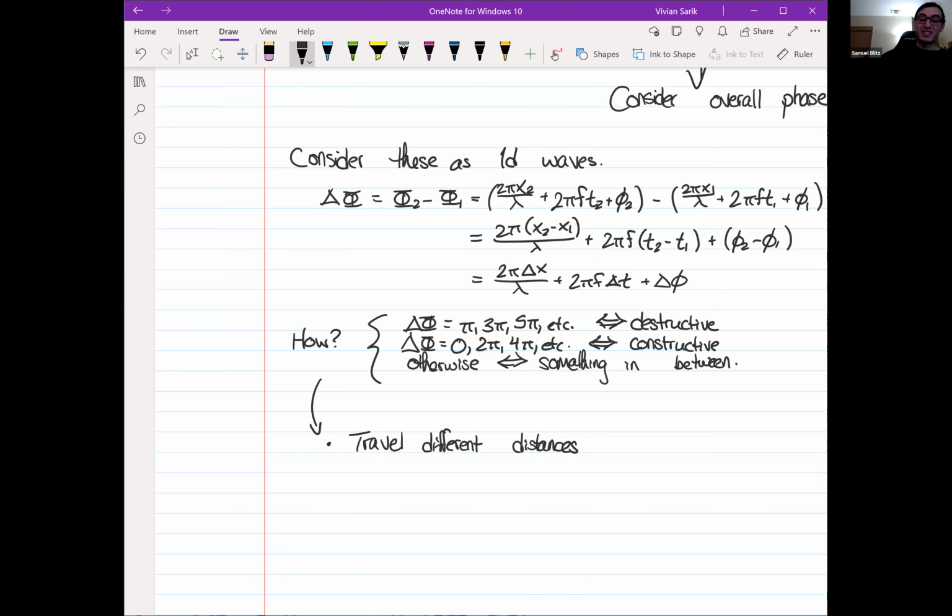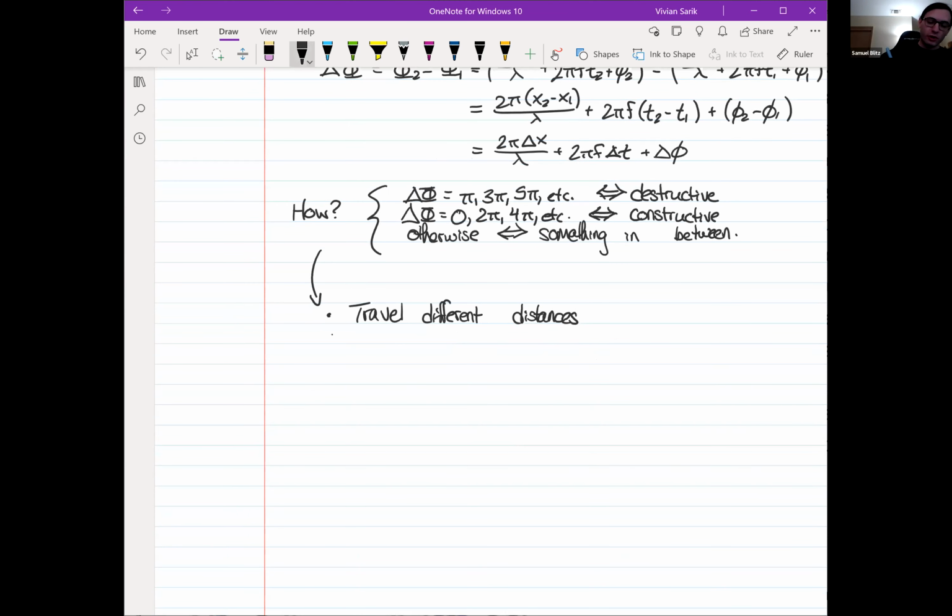If they traveled different distances, but they were on for the same amount of time and they started off with the same phase, then these guys would be 0, and delta x would be the only thing that's affecting the interference. And so you could figure out, well, when is 2 pi delta x over lambda equal to pi or equal to 2 pi or whatever? You could use that to figure out what regions have dead space and which regions don't, assuming the speakers were turned on at the same time and they had the same input phase.